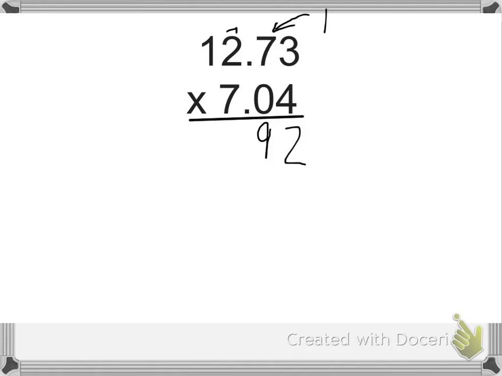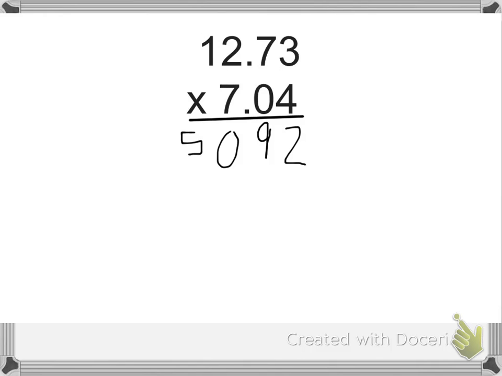And then you carry the 2 up top, and then 4 times 2 is 8, plus 2 gives you 10, so you put a 0 here, and then carry the 1 up top. 4 times 1 is 4, and then add 1, that's 5. And then you erase these numbers up here so you can start off clean.